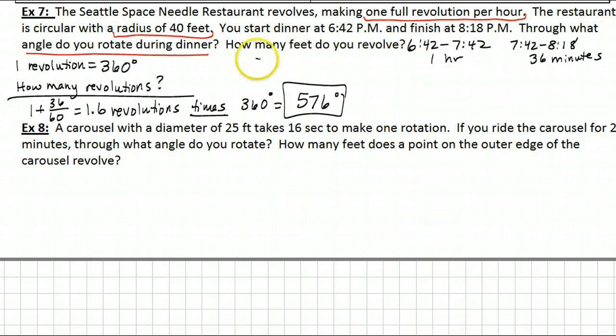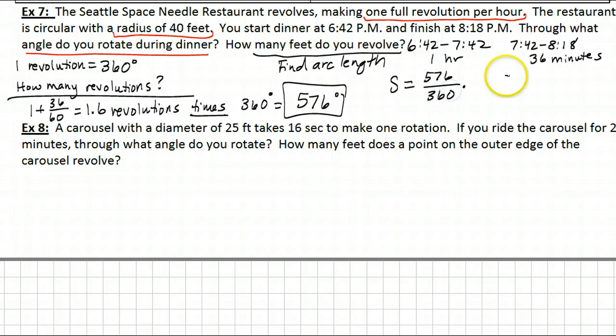And now, how many feet do you rotate? Essentially, they're asking you to find the arc length. I am in degree measurement, so I'm going to use the degree formula for arc length: angle over 360 times 2 times pi times the radius, which they said was 40.